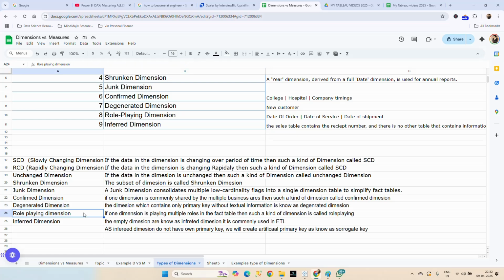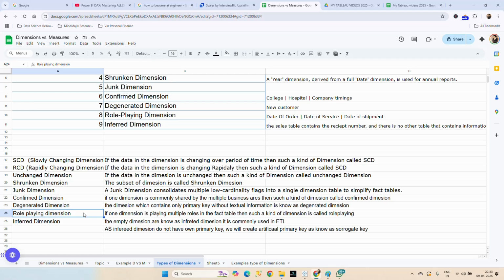Now, the role playing dimension. If one dimension plays multiple roles in a table, such a dimension is called a role playing dimension. If you observe your Amazon account, just check your orders.